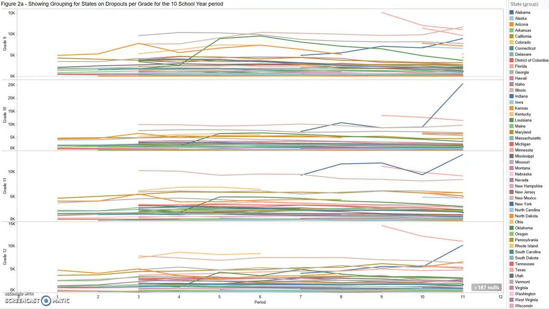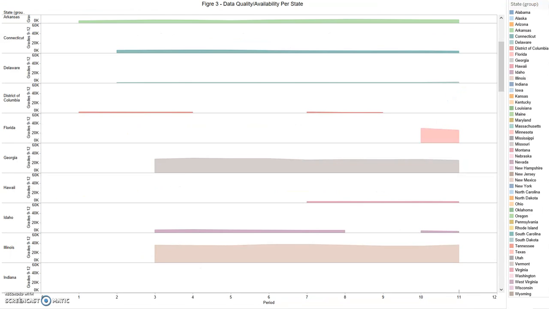The graph shows more states' trend, just like Texas is declining and New York has risen dramatically. Figure 3 shows the data availability per state.